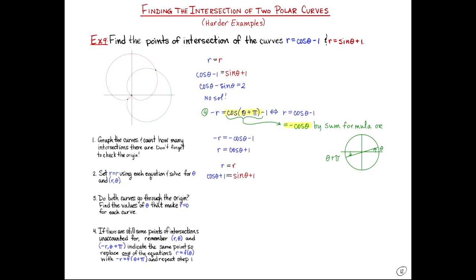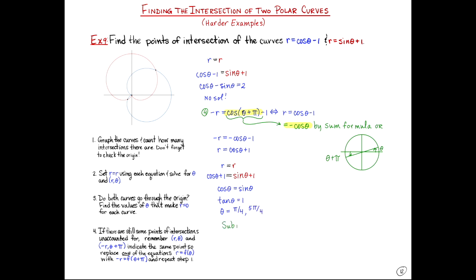We can subtract 1 from both sides, giving us cosine theta equal to sine theta. Dividing both sides by cosine theta, we have tan theta is equal to 1, giving us theta is equal to pi over 4 and 5 pi over 4.